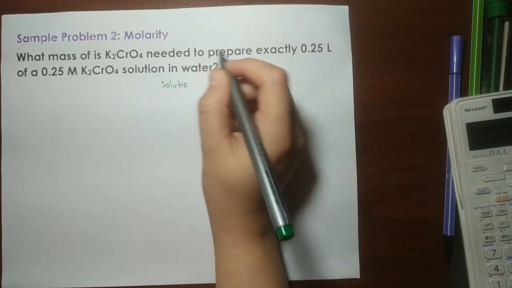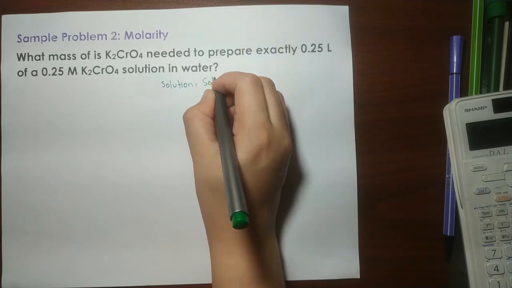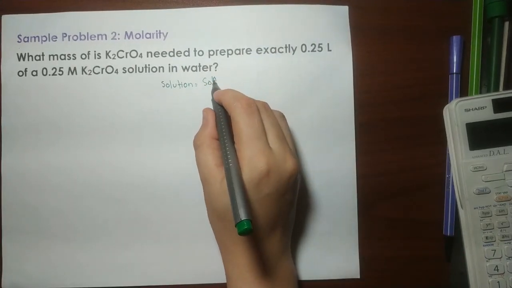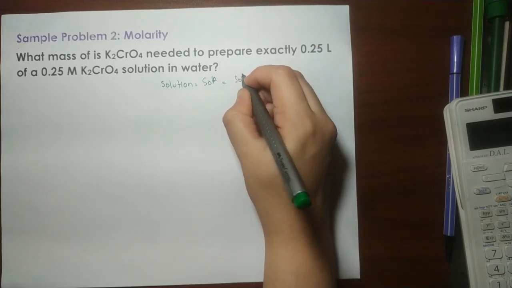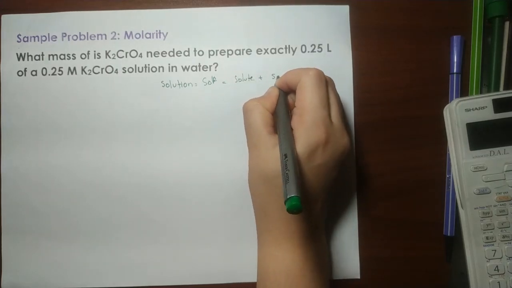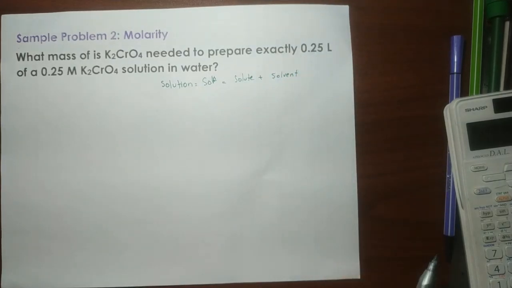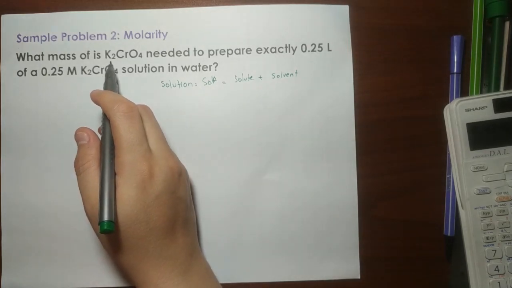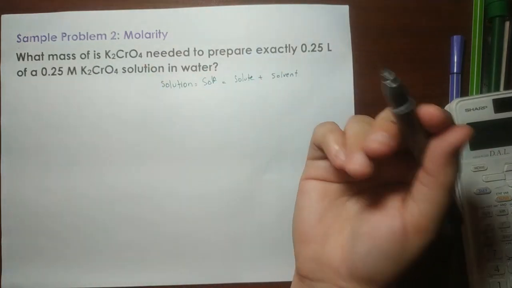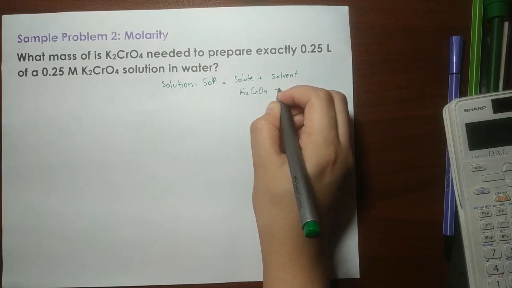The solution, we're going to represent like this, sol'n. The solution is made of the solute plus the solvent. The solute is the substance that is going to be dissolved. In this case, we are talking about potassium chromate, plus the solvent.